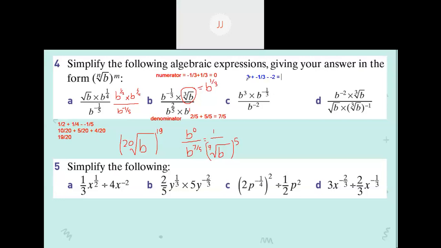Negative 2 is coming from here, right? That's why it will be negative 2. This is the negative 1 per 3. It will be in here. Do you agree? Agree, teacher.